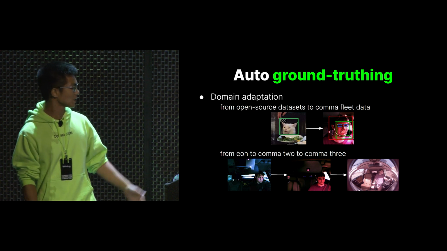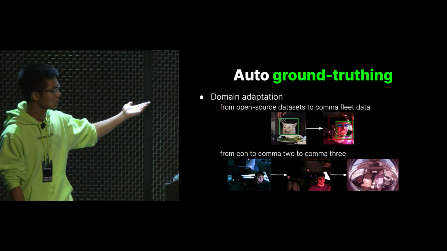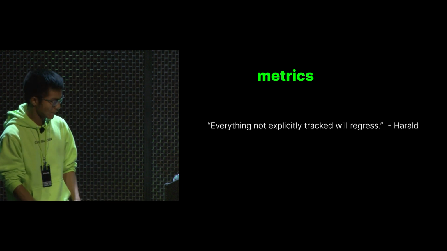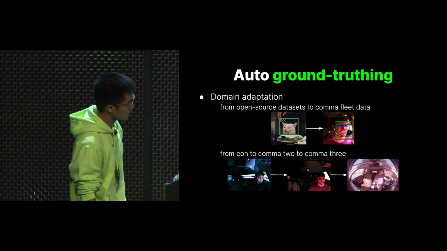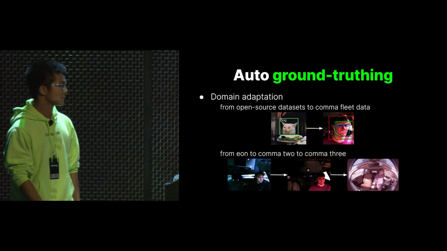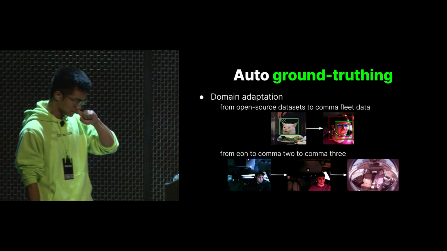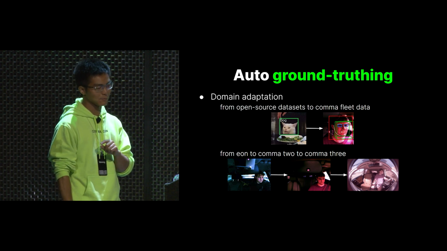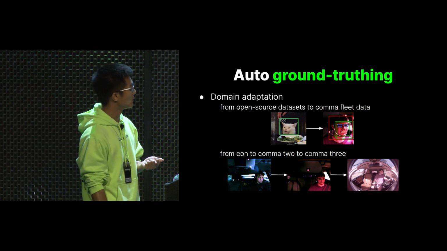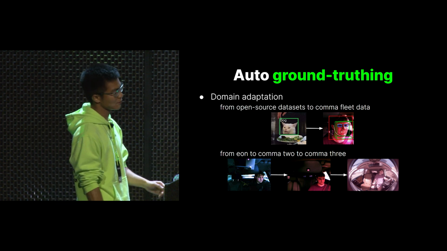And it's also the same trick when we want to transfer the comma 2 model's knowledge into a comma 3 capable model. That's how we make the comma 3 DM model good at launch without actually using a lot of comma 3 data.